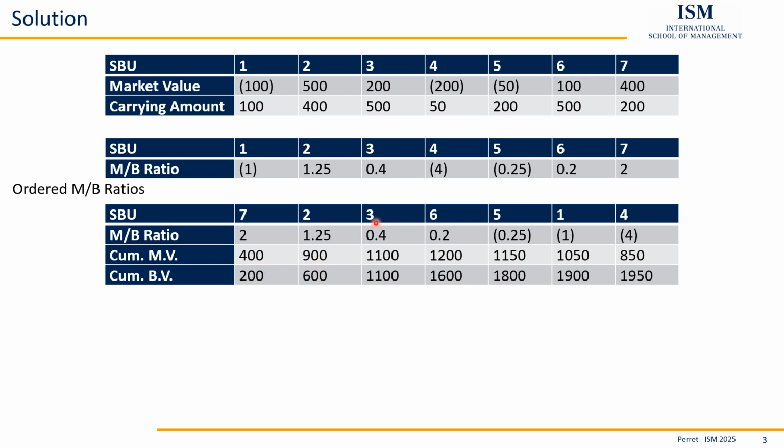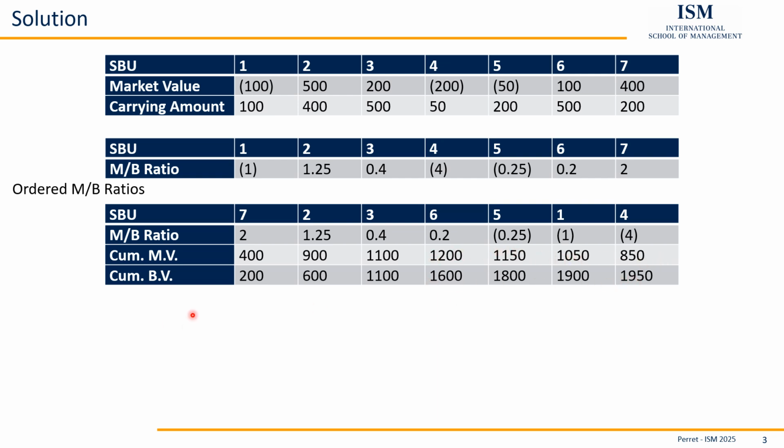Then I add the values for business unit 3. So I'm going to add 200 to the 900 and 500 to the 600, giving me these values. Then I'm going to add for the next one the values for 6. So 100 and 500. 100 to this, 500 to this. And I continue in similar fashion for the other ones.